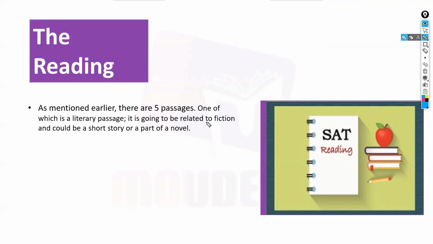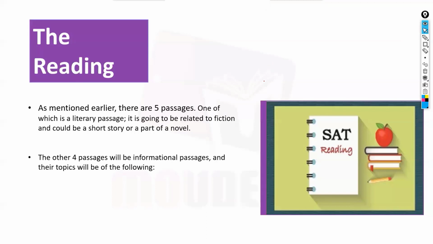In the upcoming lessons, I'm going to explain each type of passage in detail, but for now, just keep in mind that from the 5 passages, one is a fiction passage or a literary passage.